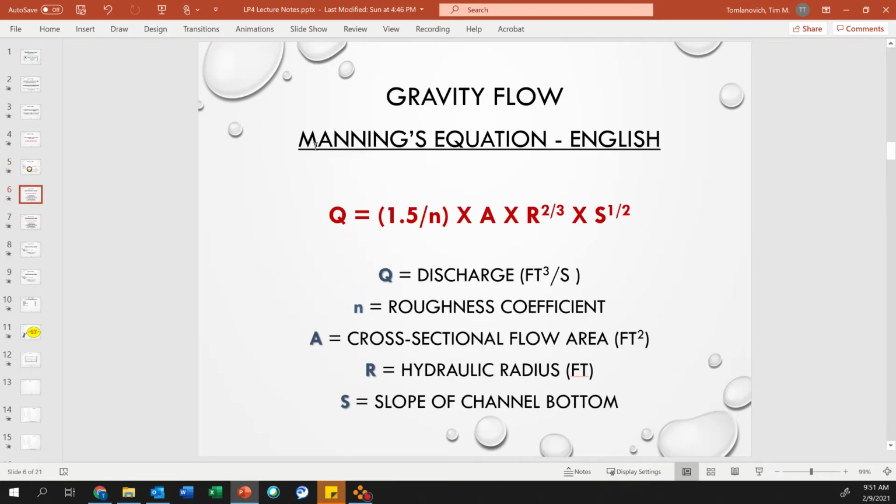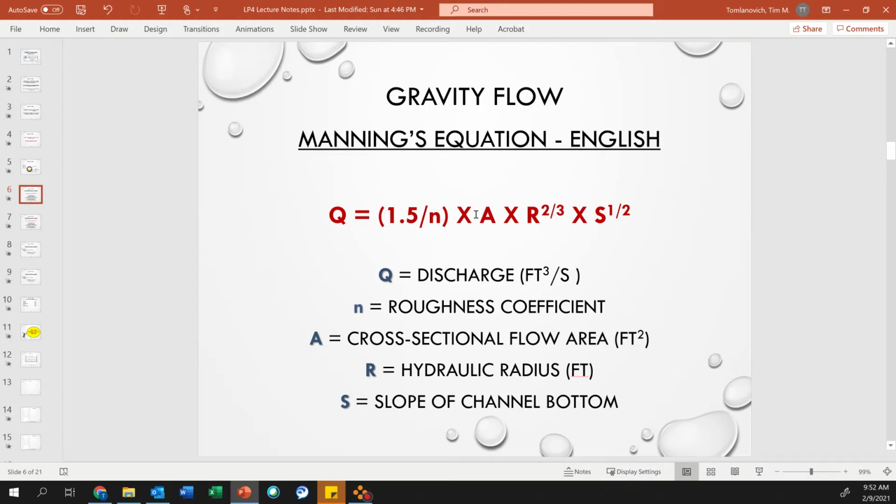So how do we calculate gravity flow? It's something called Manning's equation. So this is in our English units. Q, which is discharge in cubic feet per second, equals 1.5 divided by n, where n is the roughness coefficient, times A, the cross-sectional flow area of just the water.